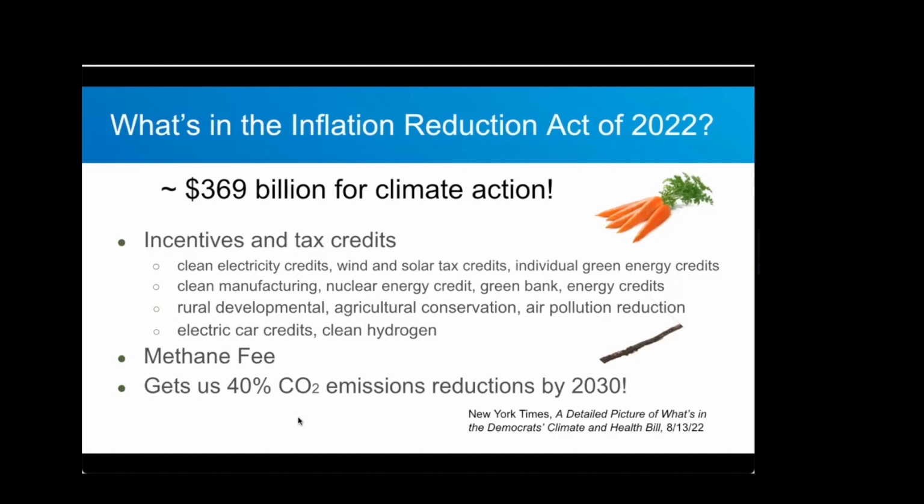There's been some credible initial analysis, and it really looks like we can reduce CO2 emissions by 40% by 2030. So that's a great step for us. We need to do more, but it's certainly a bigger step than we thought was going to happen 2 months ago.